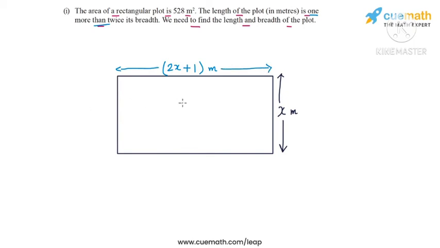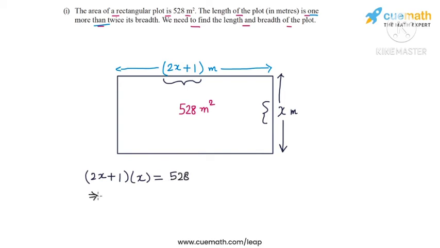And we are told that the area of the plot is 528 meters square. So from this situation, we can now easily construct a quadratic equation in x, and that quadratic equation will be 2x plus 1, the length, times x, the breadth. So 2x plus 1 times x is equal to 528, the area of the rectangular plot.